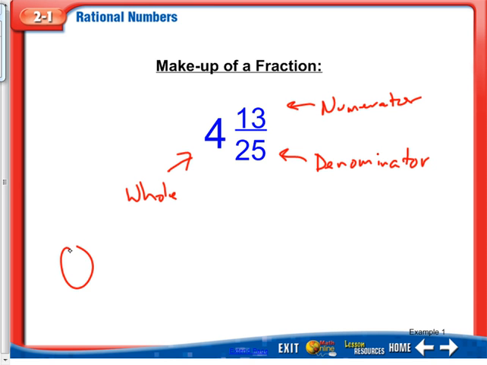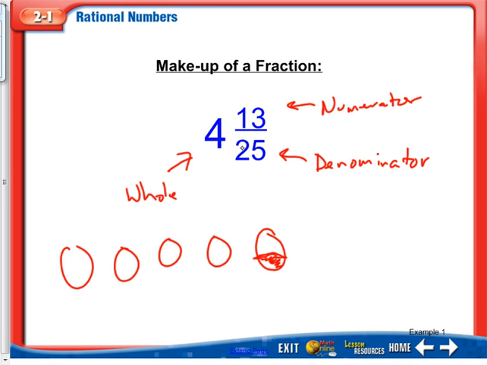So if I have 1, 2, 3, 4, I have 4 whole circles, and then I have another circle that's split into 25 equal parts, but only 13 of them are filled up. So that's just under half. It'd be like if I had a circle here with just under half of that circle shaded. I have 4 and 13/25.